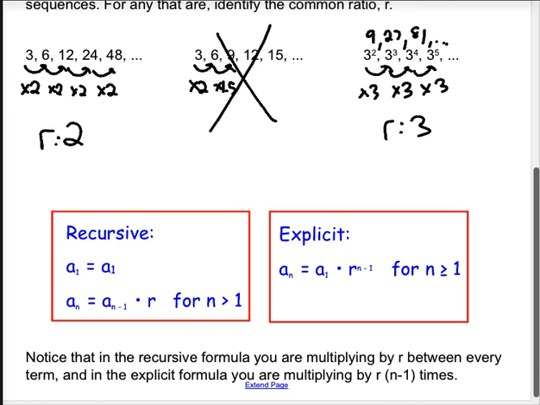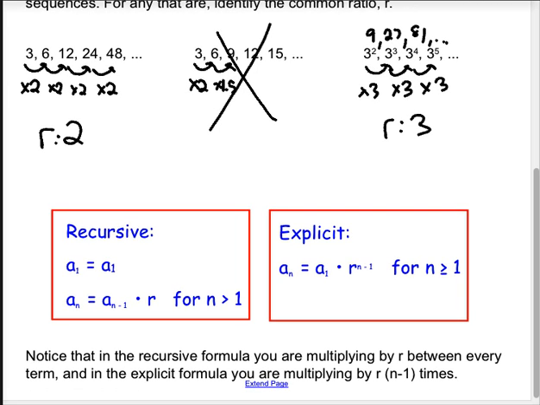All right, now, just like we had before, there are 2 ways we can represent these. We have a recursive formula and we have an explicit formula. So, recursively, just to go back and show you what that would look like, we have an r of 2 in this first one. So recursively, I would label my a1 as 3. And then to get to a future term, what am I doing?